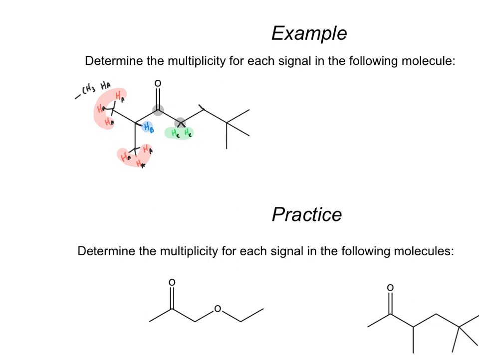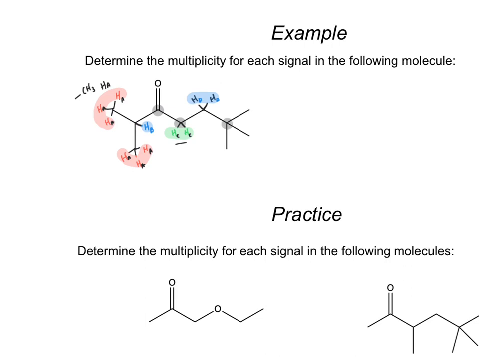As we move on, we've got 2 more protons out here. They are different from HC. HC was right near a carbon that had an oxygen on it; that was alpha, and this is now beta to that. So HC is not equivalent to these new protons. We'll call these HD. They're unique. As we move out, this carbon has no protons on it; it's attached to methyl groups.